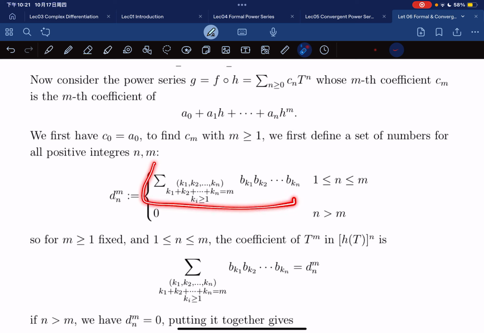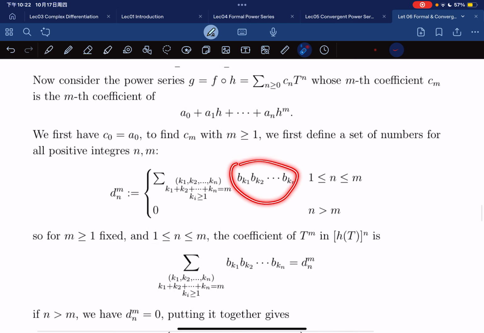So maybe you read this as the sequence of all k1, ..., kn such that it adds up to m, and each of them is greater than or equal to 1. To make this make sense, we need n is less than or equal to m, because we have n numbers, each greater than or equal to 1, that equal m. And the b's are the coefficients of h. And if n is greater than m, we just define this as equal to 0.